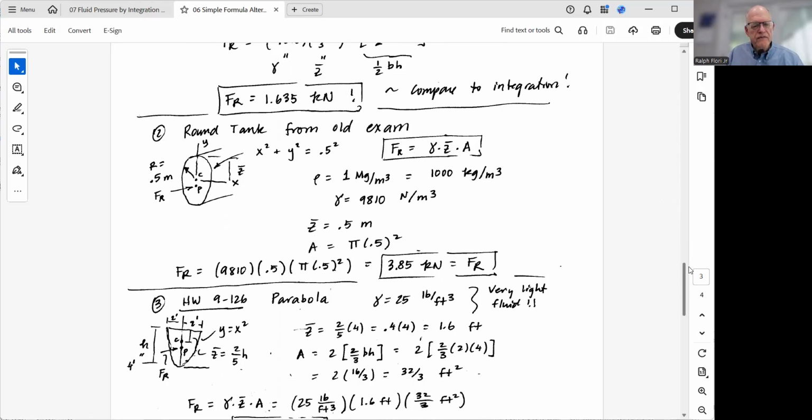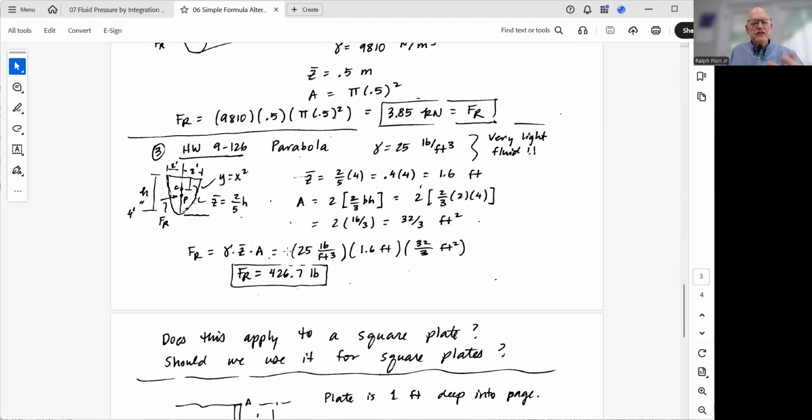Pretty straightforward. And finally, this is one of your homework problems in Hibbler. This is a parabola. It's 4 feet deep, and it's 4 feet wide at the top. Y is equal to x squared.